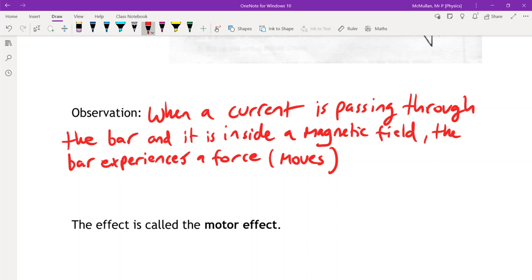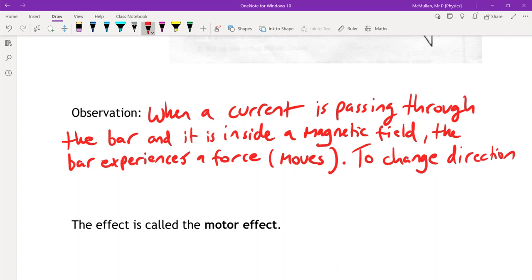We can control the direction that the bar rolls. How would we do that? Correct, okay. We can change the way the voltage, the electrons, are passing through the wires, and that will change the way that the force affects the bar, causing it to roll in a different direction.